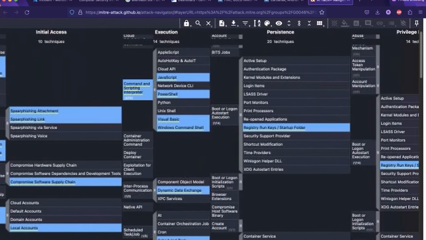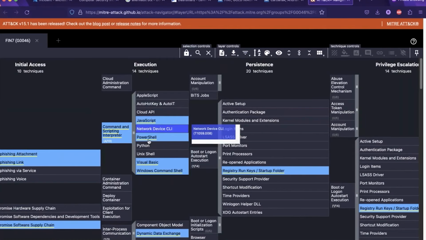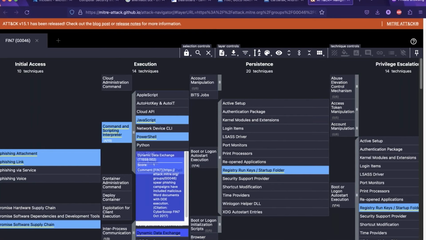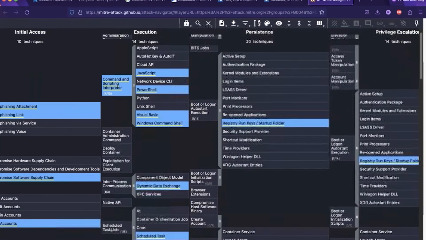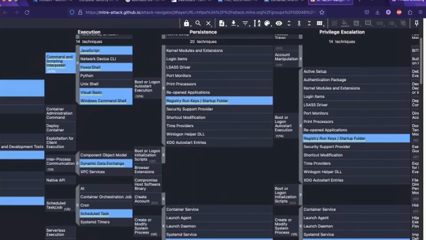If you go ahead and see what they are doing in each stage, they are using JavaScript, PowerShell, Visual Basic, Windows Command Shell, Dynamic Data Exchange, scheduled tasks. Nice, very good. So I'm getting an idea.